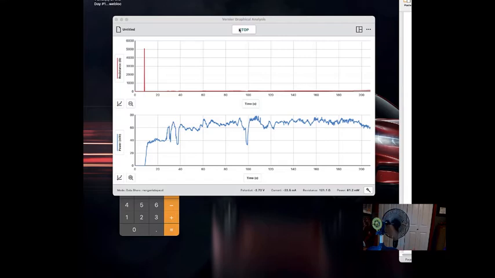It's difficult to get. There we go. 127 is 54.